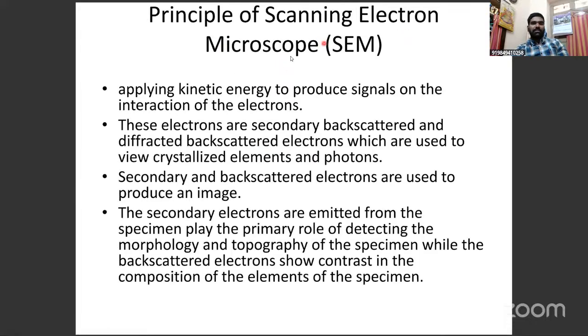Principle of the scanning electron microscope. Let us see. Applying kinetic energy produces signals on the interaction of the electrons.